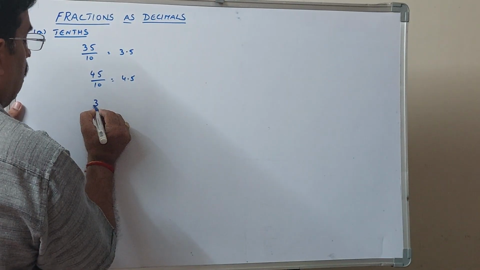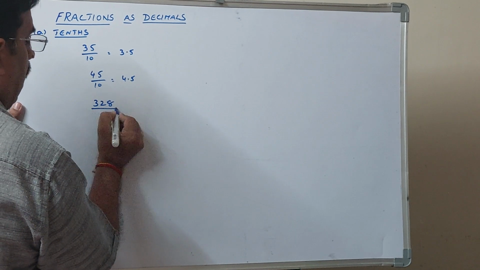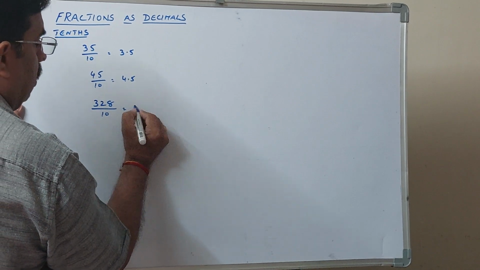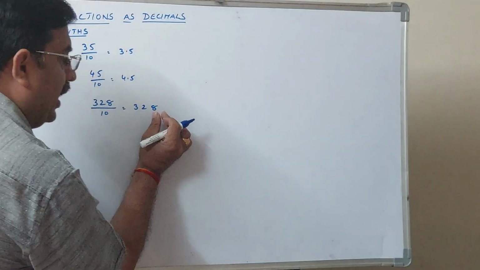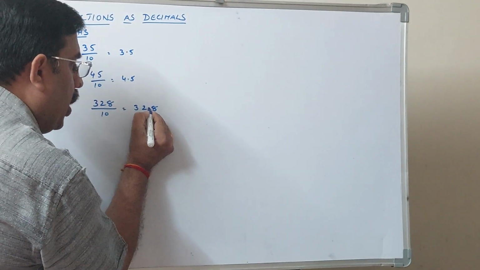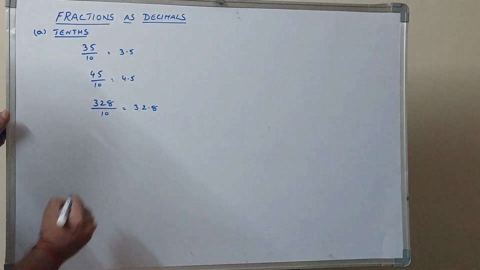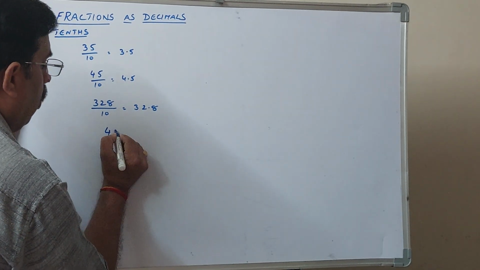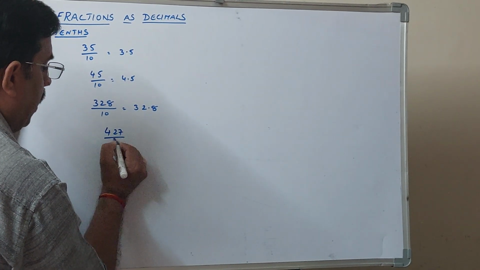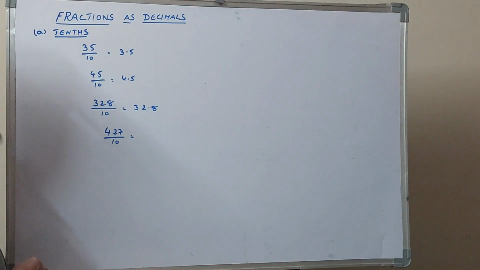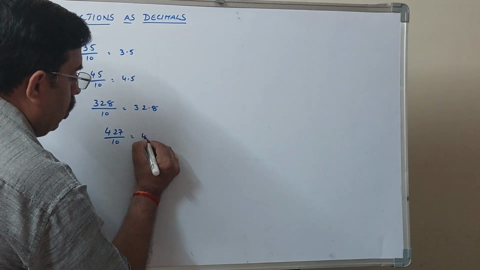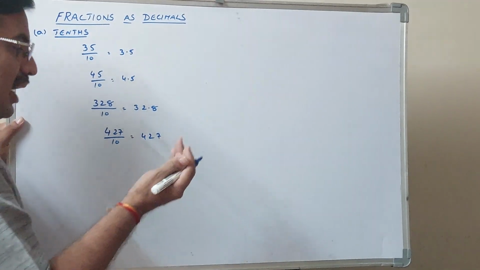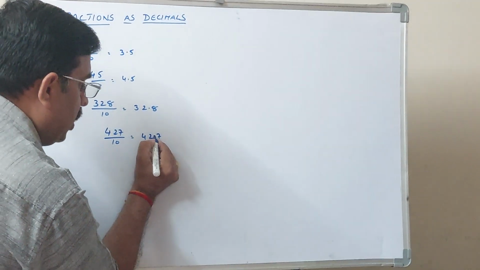If I write 328 by 10, how will you write it? Here 328 is the number. Leave the rightmost digit and put the decimal point: 32.8. See here, 427 by 10. What is the answer in decimals? 427, leave the rightmost digit, that is 7, and put the decimal point.